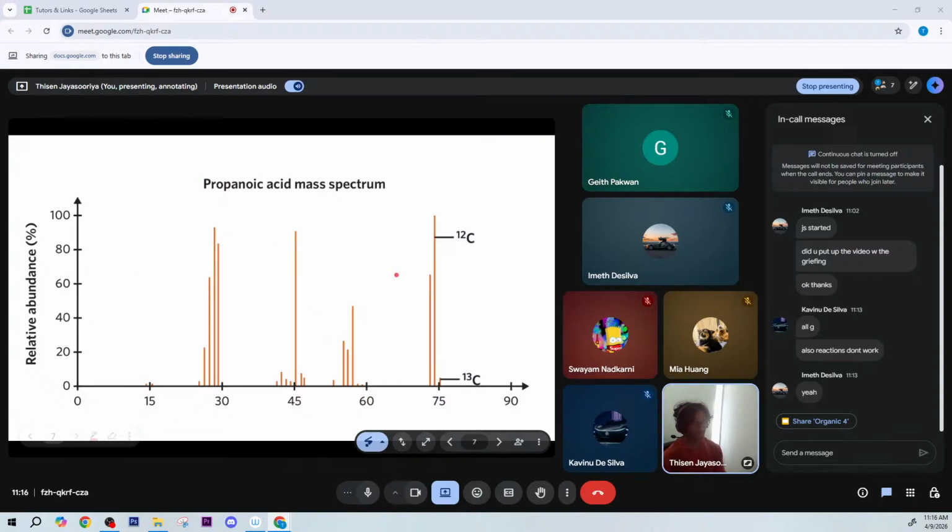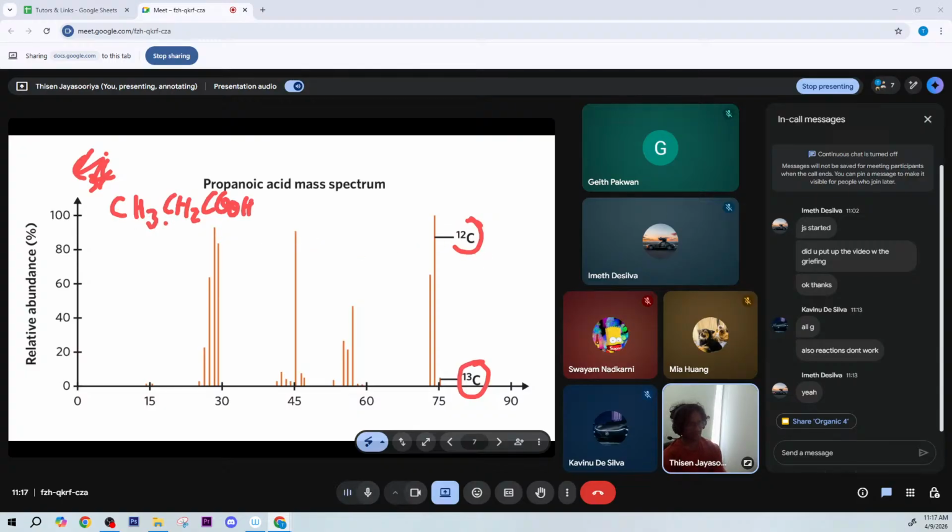So here is the mass spectrum of propanoic acid, and it just emphasizes the presence of different isotopes of carbon which cause these different peaks, yeah? Because we know propanoic acid is going to be CH3, CH2, COOH, yeah?